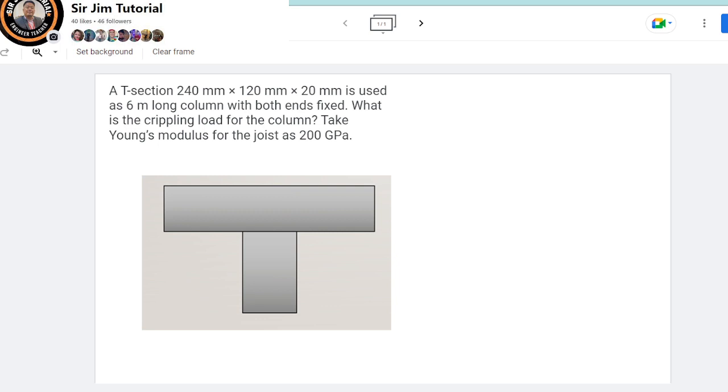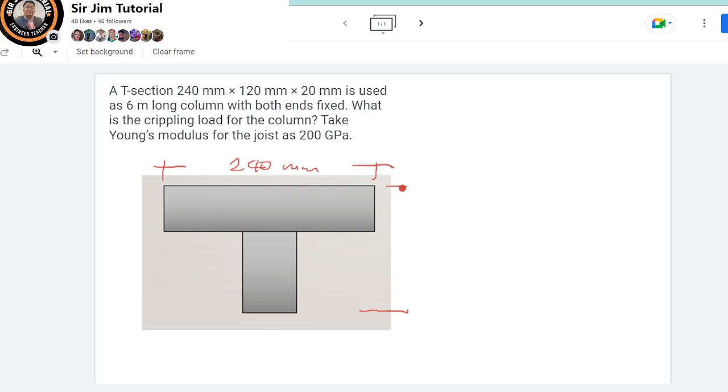Euler formula on T-beams. Okay, so for example, we have here a T section of a column, which is 240 by 120. So in other words, this is 240 millimeters, and then you have your 120.